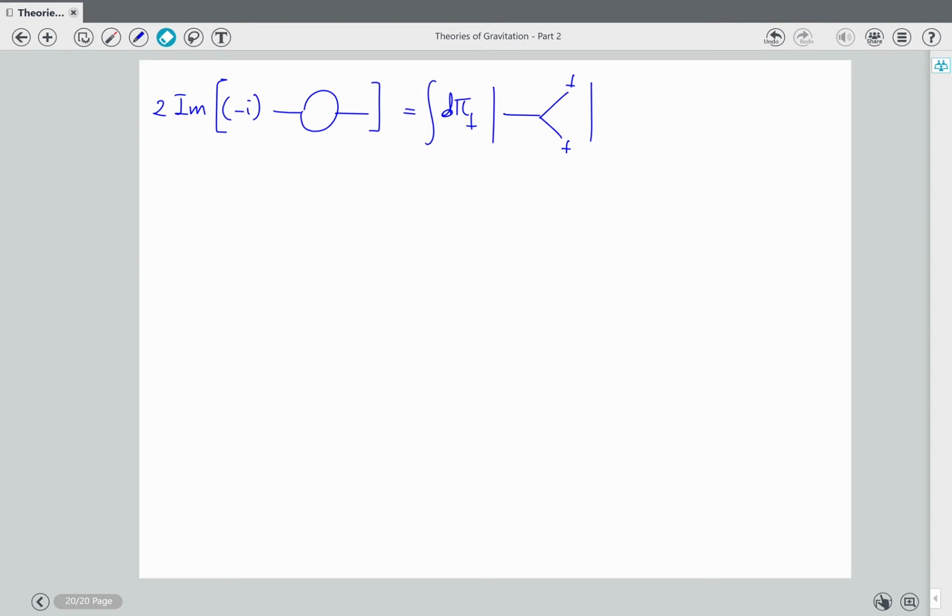The imaginary part of the diagram is a cross-section, and it corresponds to a physical process where the initial particle, which in this case is assumed to be equal to the final one, so that's why you have the modulus squared, coincides with the final one.